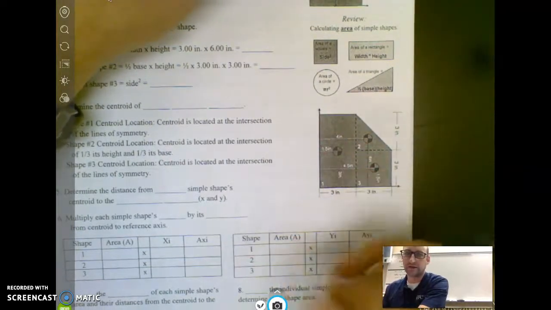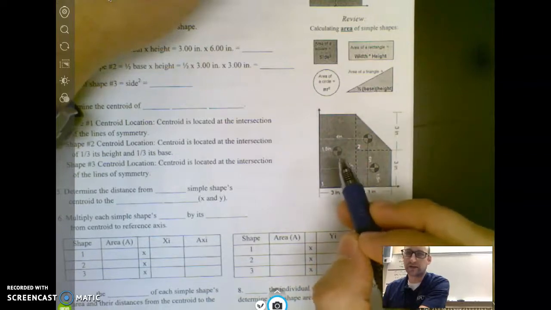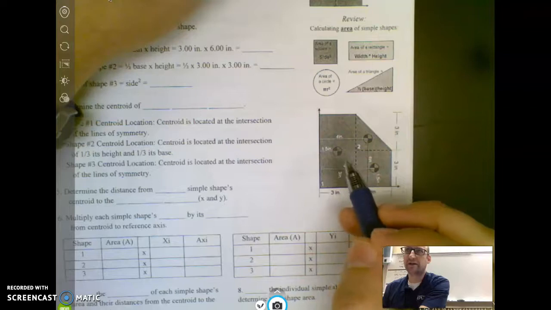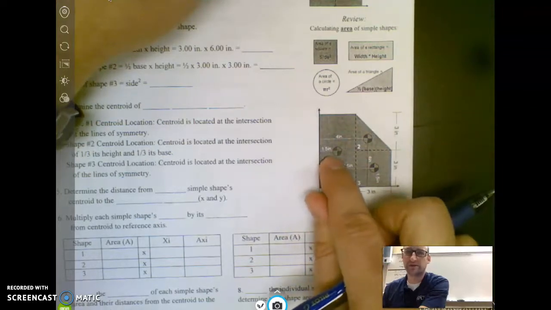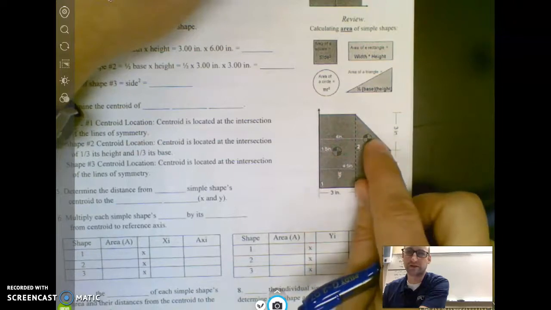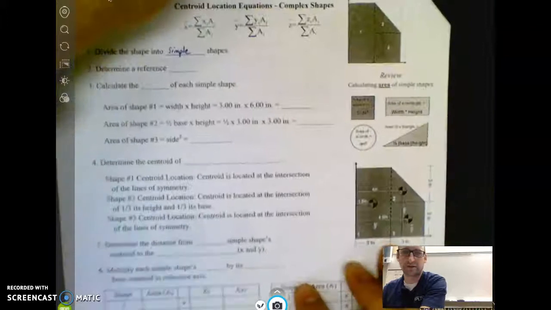So here's a picture of it. And if we find the centroid of each one of those shapes, you basically have to consider how big the shape is, and that it's sort of like a weighted grade. If it's a bigger shape, its centroid position makes more of a difference than a smaller shape's centroid position. And you can find the center of mass of the entire thing.